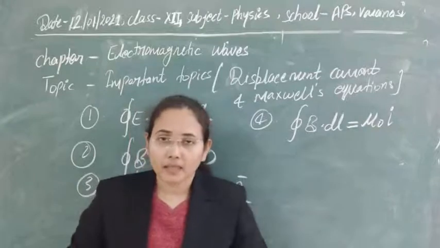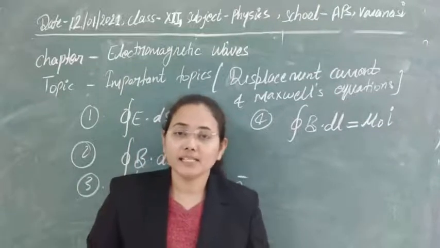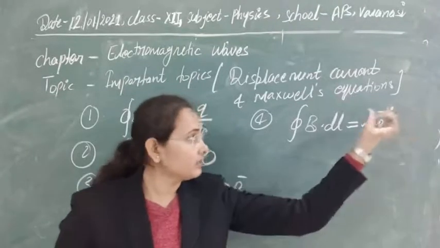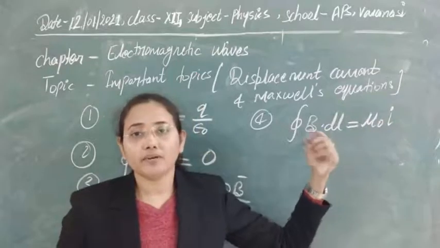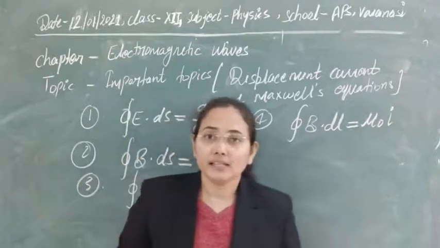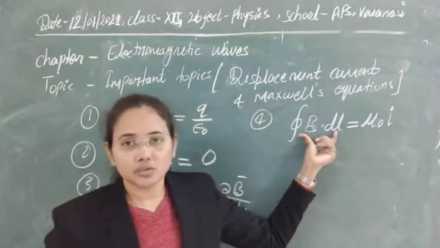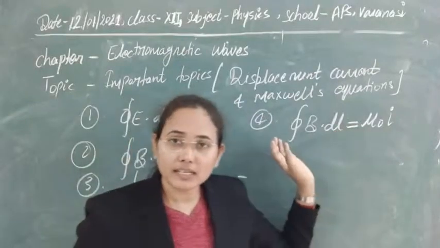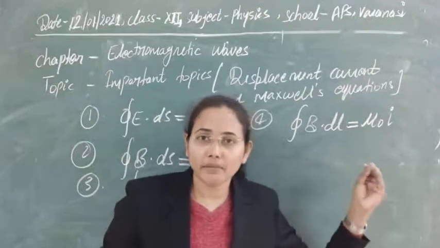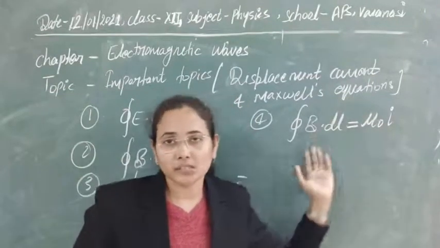So whenever there is a variation in electric field, a variation in magnetic field is also there, and he established that relationship by modifying this law.